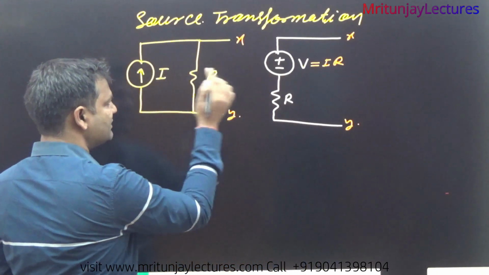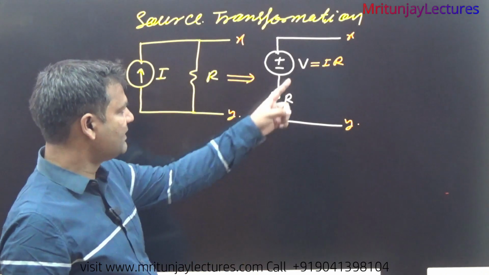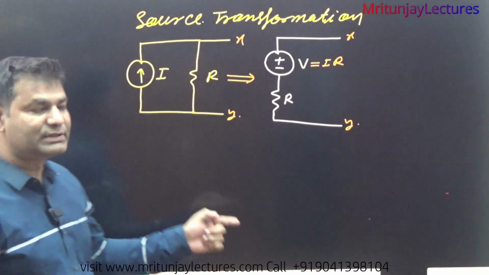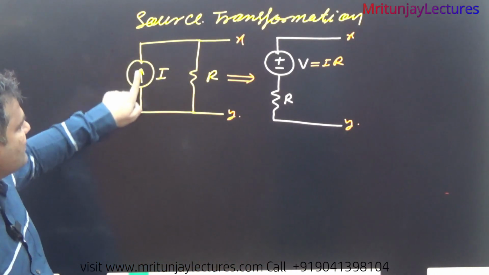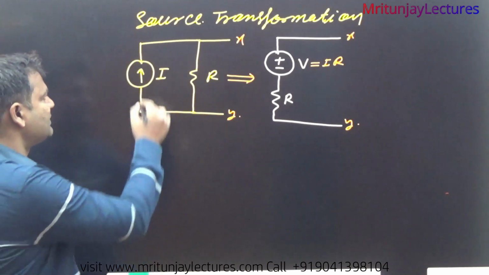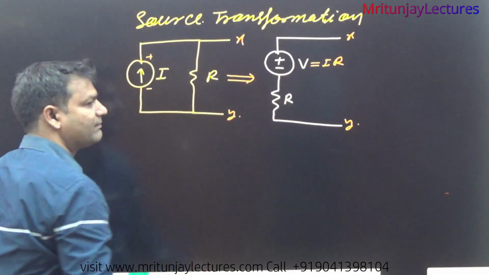It means the current source is converted into a voltage source. Polarity is always decided by the current direction. Current always leaves from the positive terminal. So if current is going in that direction, the upper plate is positive and the lower plate negative. That's why here positive, here negative.